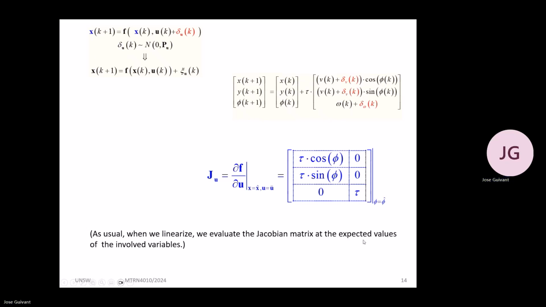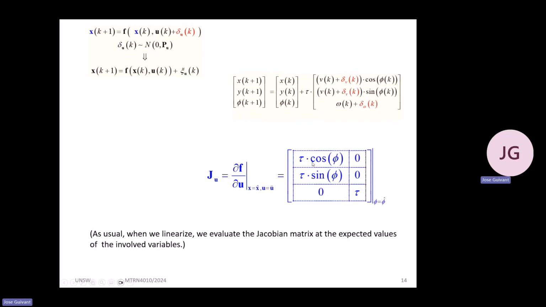We do have this JQ, an analytical expression which we are going to evaluate at the current expected value of the state vector and the measurement that we got.